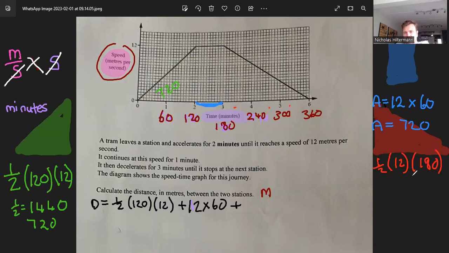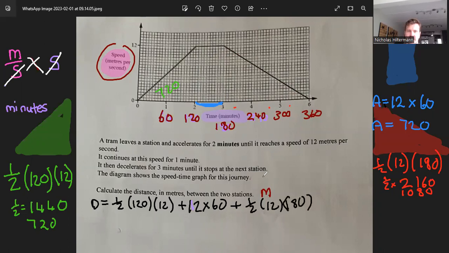So 12 times 180 is 1,800 plus 360, which is 2,160. Then I halve that, and that'll be 1,080. And so that is my a half times 12 times 180.